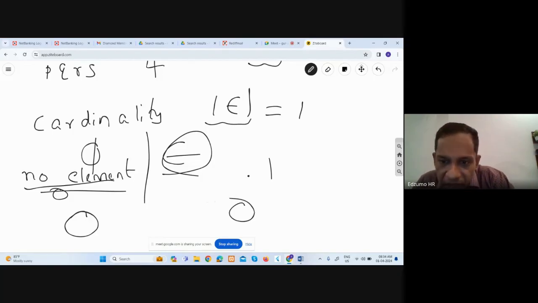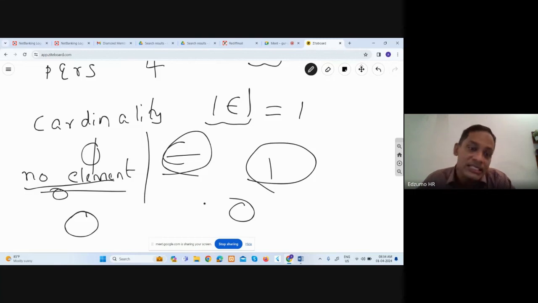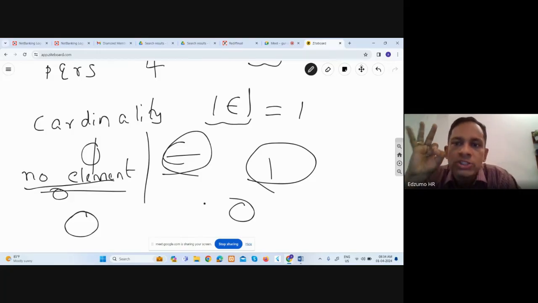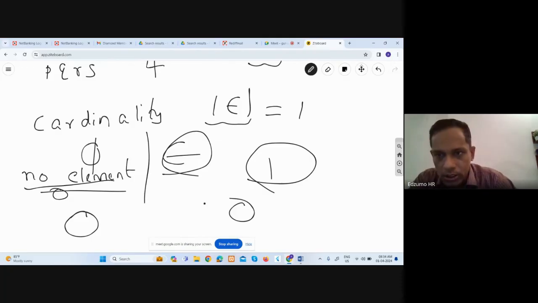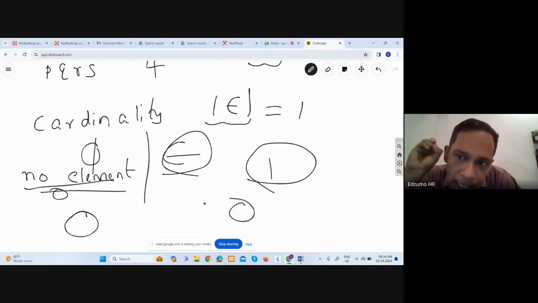Understood? The number of elements in the null set is 0. The number of elements in epsilon is 1. Epsilon is a string of length 0. It means you can move from one point to another without consuming any input. Hope it is clear to you.